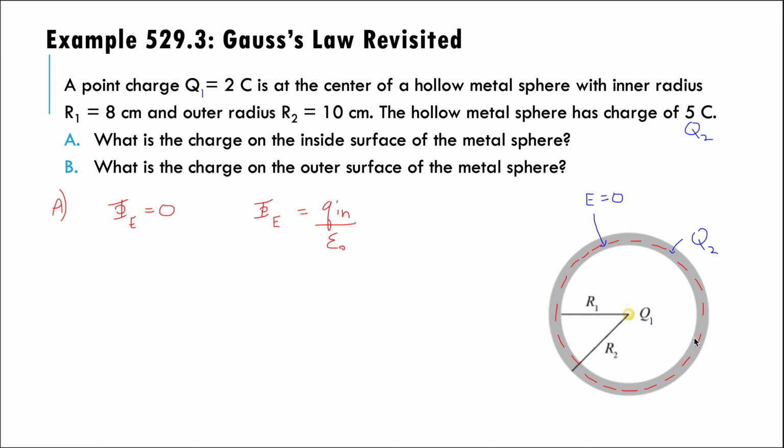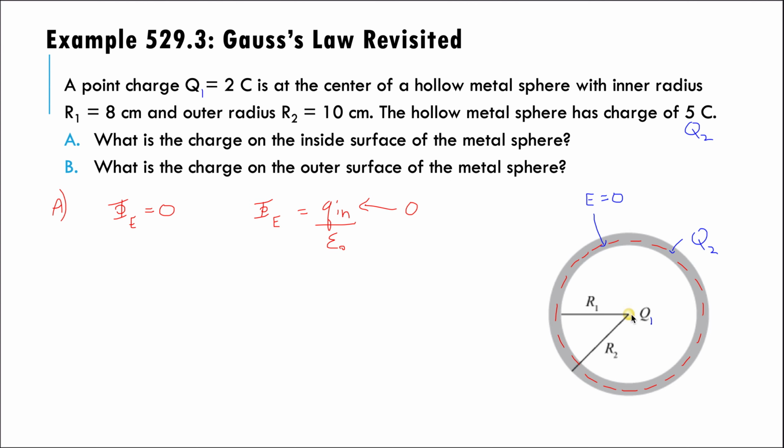Look at this Gaussian surface. The charge inside must be 0, right? Because if the flux is 0 and this is a constant, then this right here must be 0 as well.